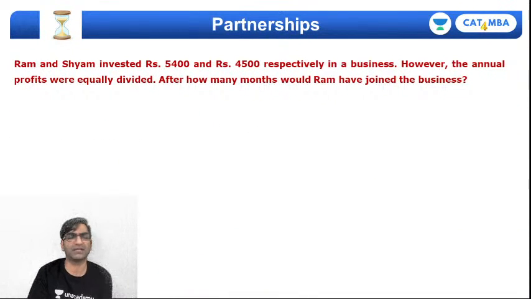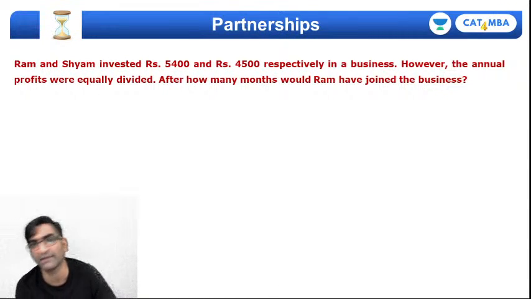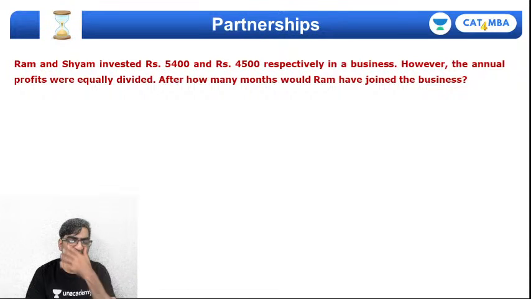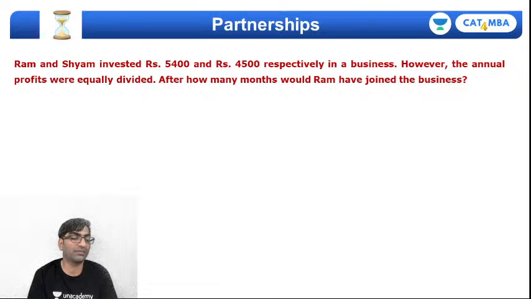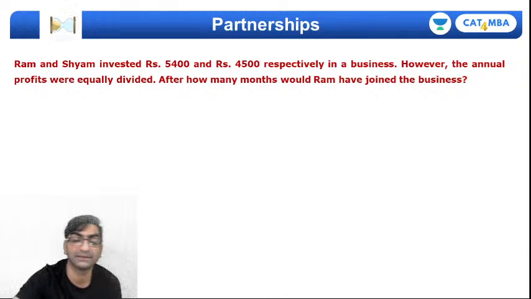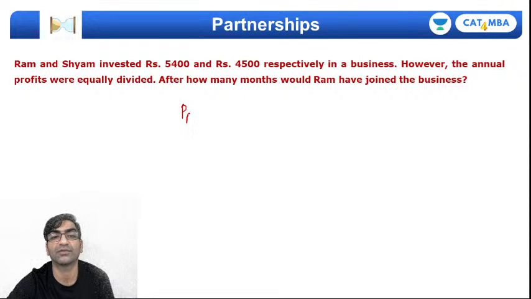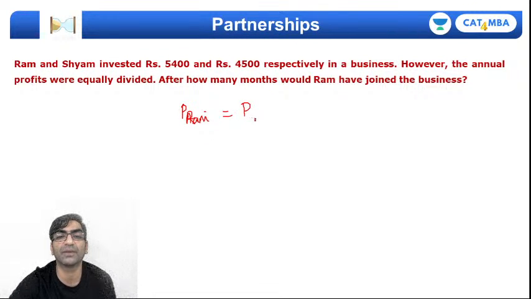Okay, let's try this one, a much simpler question than before. Two guys invested 5400 and 4500 respectively. However, profits were equally divided, right? So that means profit earned by A equals profit earned by B. Profit earned by Ram must be equal to the profit earned by Shyam. But we know profits are equal to the multiple of their investment and time.